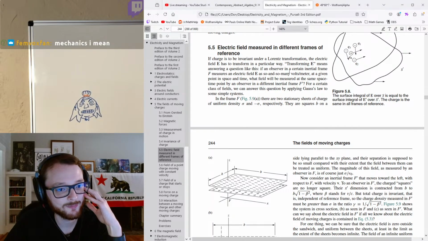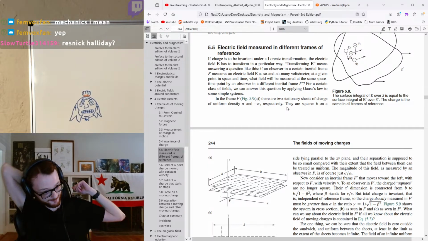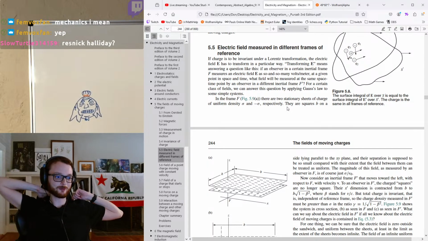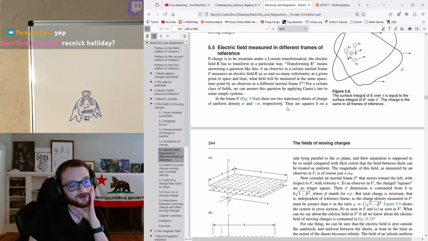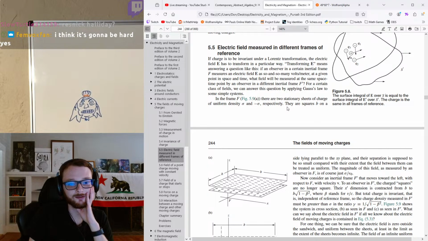Is it at the same level as this book? In terms of difficulty? Resnick Halliday. I think someone is looking at that book. I'm really studying out of this one book. I think it's going to be hard, yes? Oh, good. We need to really put ourselves through the physics grinder.